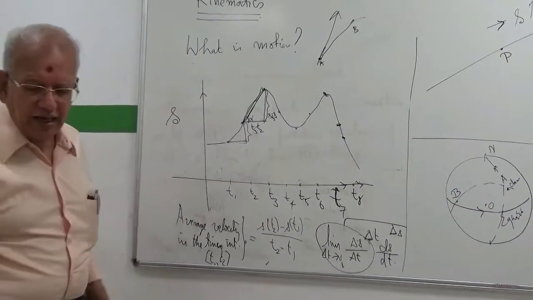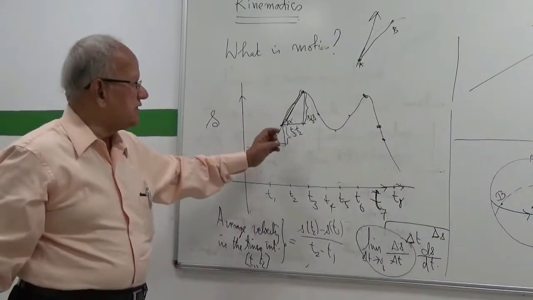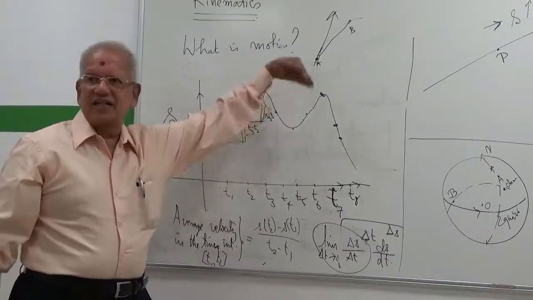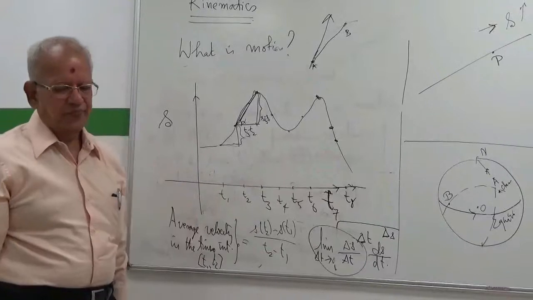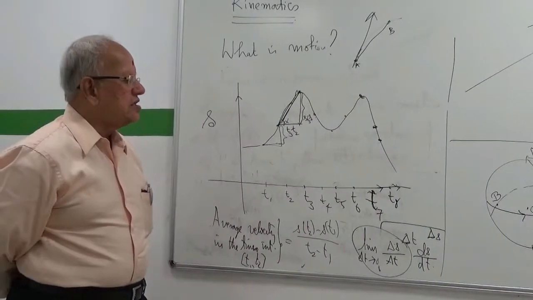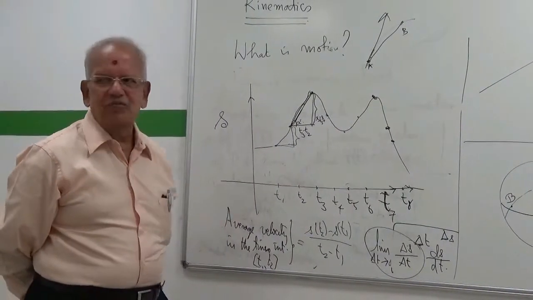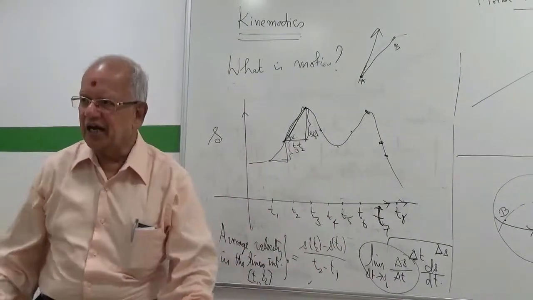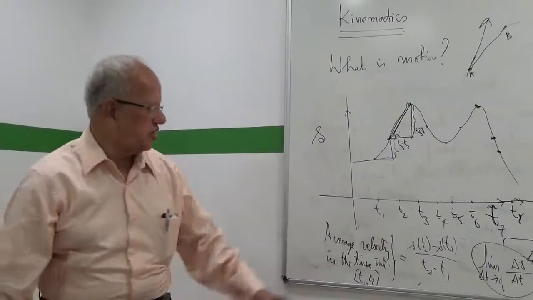Now let's look at it: the velocity keeps changing, isn't it? The distance increases, decreases, it keeps changing. Now, when does your ds by dt become 0? This ds by dt can be negative, positive, or 0. That's what we saw here.